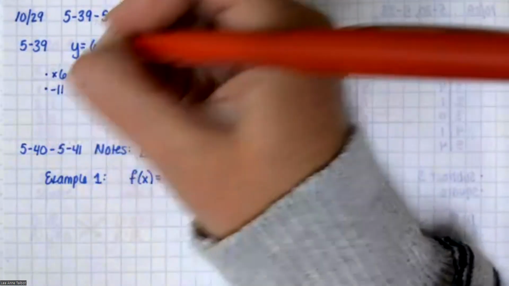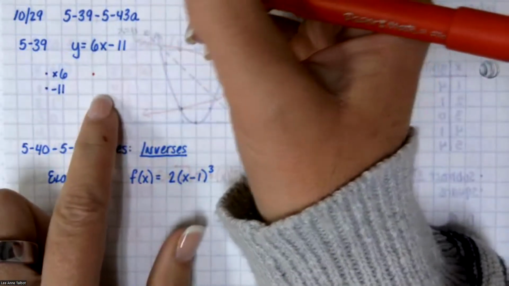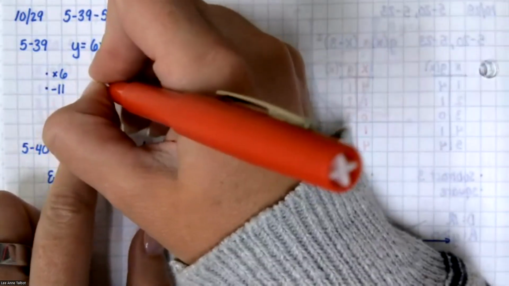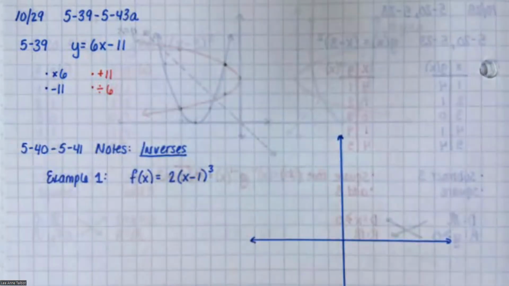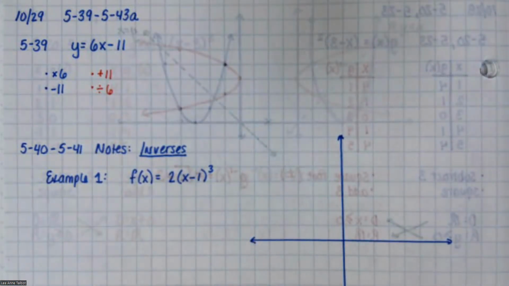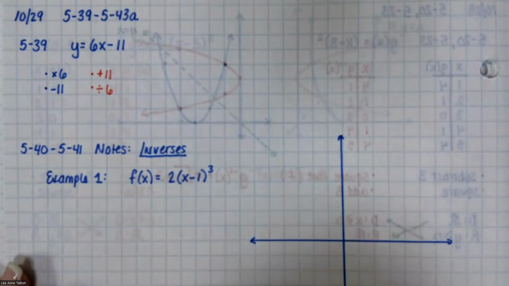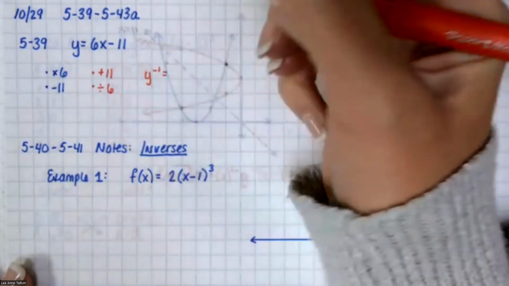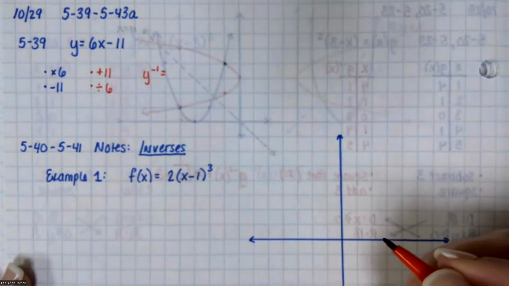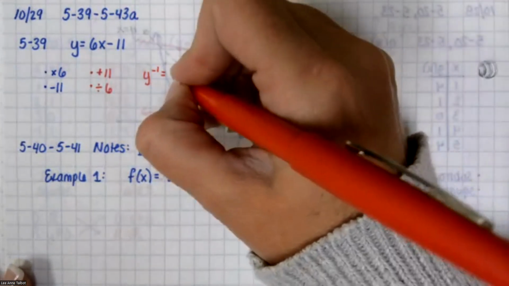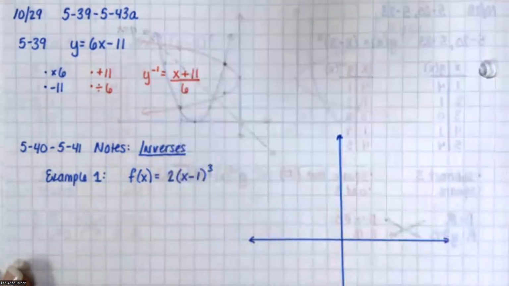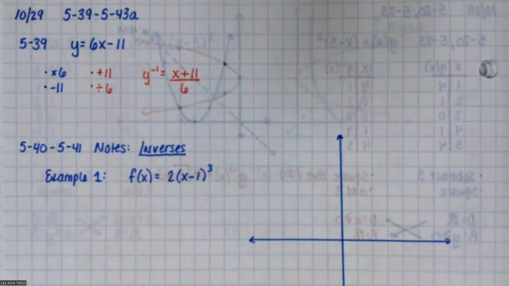Okay. Inverse. Add 11. Divide by 6. Start with an X. Add 11. Divide by 6 on everything.